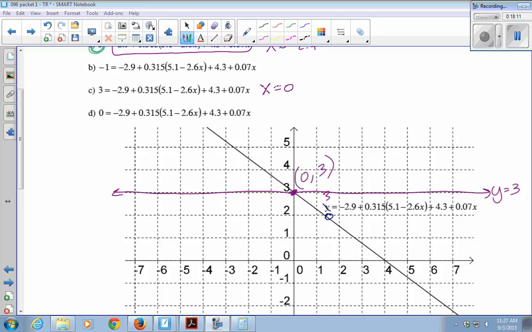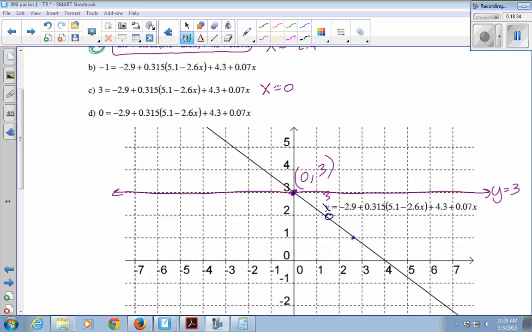So let's see, right here. What are the coordinates of that point again? Good. What are the coordinates of this point? 2.5, 2.6, 1, right? So I'm looking for a y coordinate of 0.